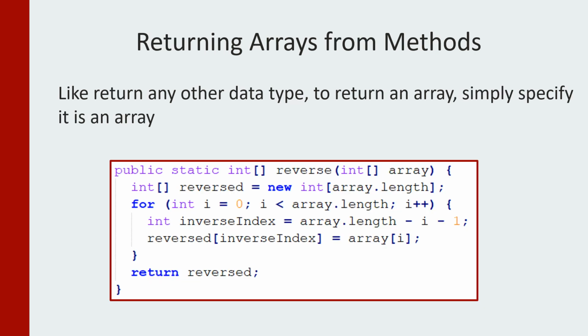Now, you can also return an array from a method. So you can see here I have public static int open brackets reverse. So this actually returns an array of ints. And then some work is done inside here to actually reverse all the elements of this input array, which is just called array, and it's just going to return that reversed array.